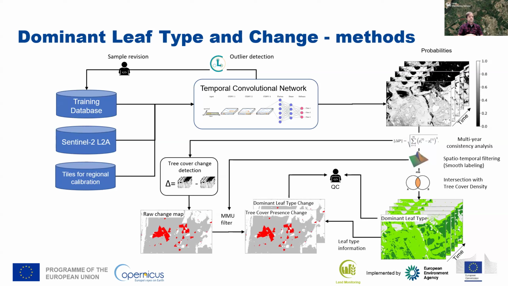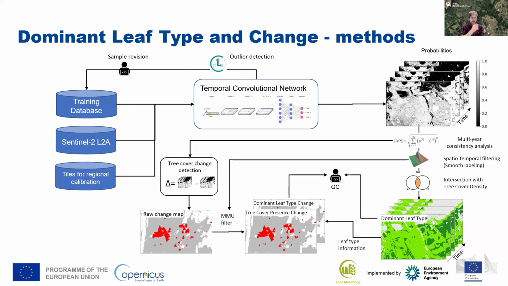Once this final tree cover presence share is available, we can combine this layer with the dominant leaf type, creating the dominant leaf type change. Here we highlight any changes in the respective broadleaf or conifer covered tree areas, be it gain or loss.